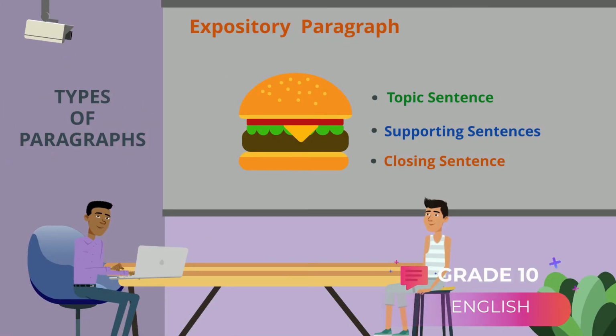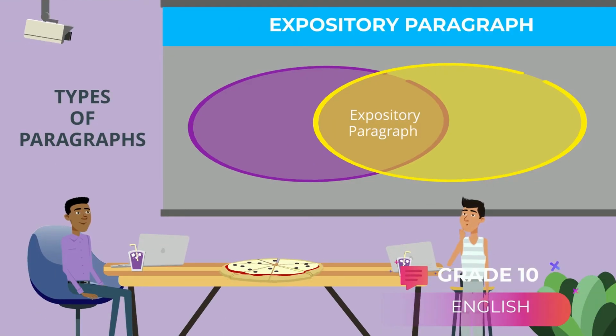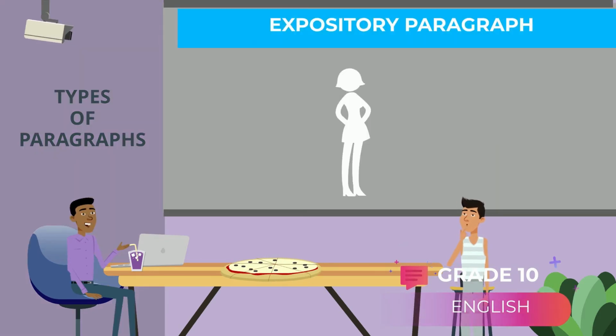This paragraph type is informative or explanatory. They inform or they explain, in a small way or incidentally. They can be used in narrative or descriptive writing. But this type of paragraph should be able to stand on its own.